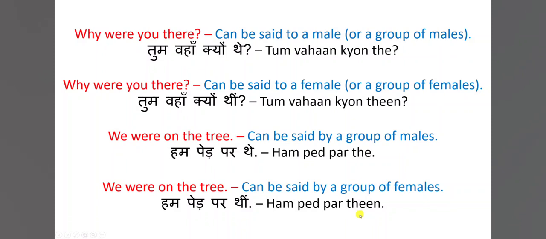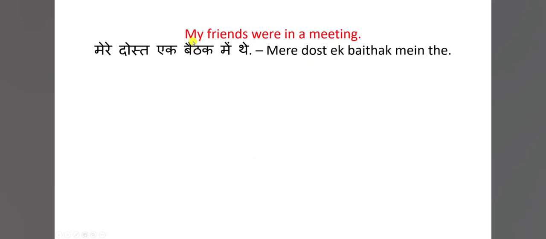Okay? Few more examples. My friends were in a meeting. मेरे दोस्त एक बैठक में थे. मेरे is my, दोस्त is friends. एक is a, बैठक is meeting. में is in. एक बैठक में is in a meeting. थे is were.